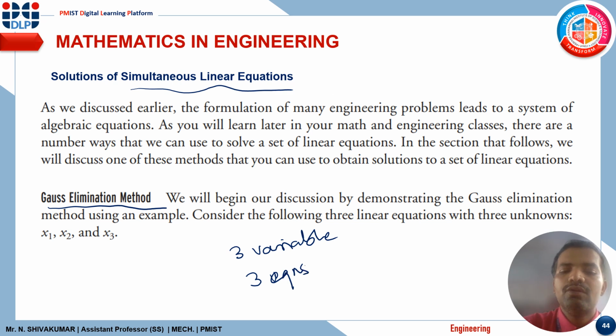To solve three equations involving three variables, we can have three solutions, three roots for three different variables. So the Gauss elimination method eliminates first x1, then x2, and finally finds x3. So that is the idea.